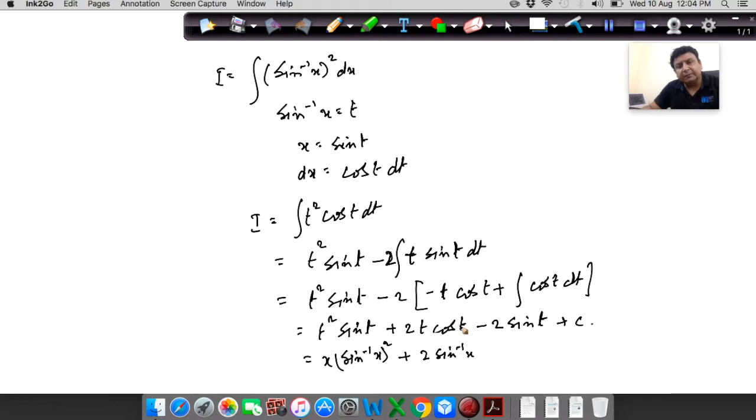Sin t is x, so cos t is under root of 1 minus x square, and minus 2 sin t, that is minus 2x plus c. So you have to convert everything in terms of x.